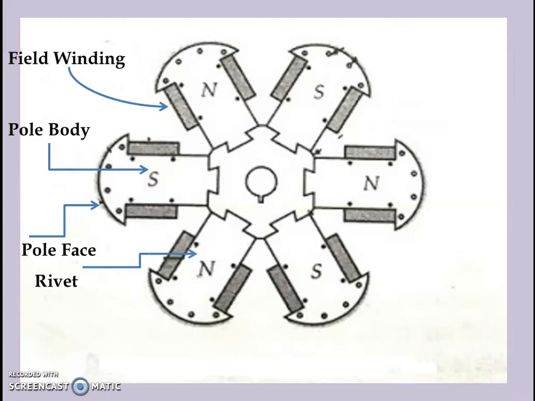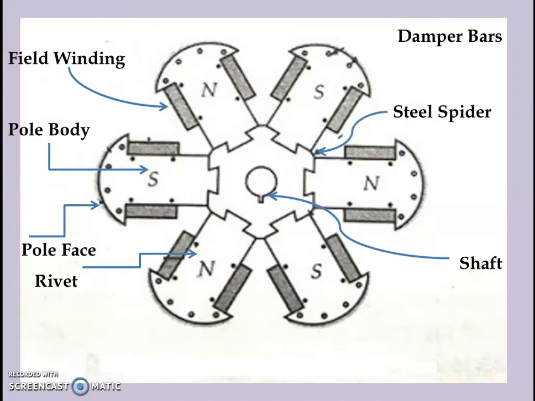Then the structure is riveted. We have a shaft. All the assembly is across the shaft. Then we have a steel spider to accommodate the projected pole. Then we have damper bars which are accommodated in the pole shoes. So this is the basic or typical construction of the salient pole type of rotor.